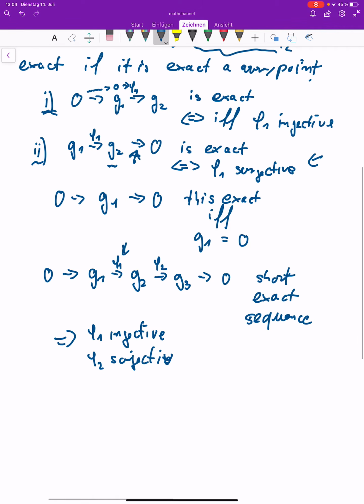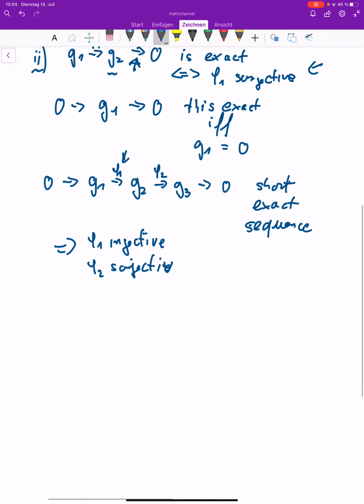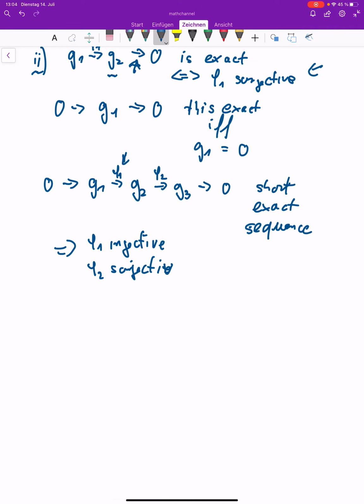And well, there are two ways to get to a plethora of examples for this type of sequence, short exact sequences.